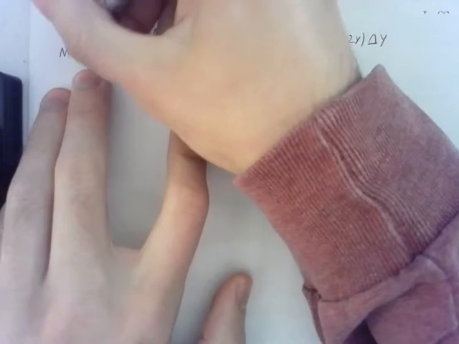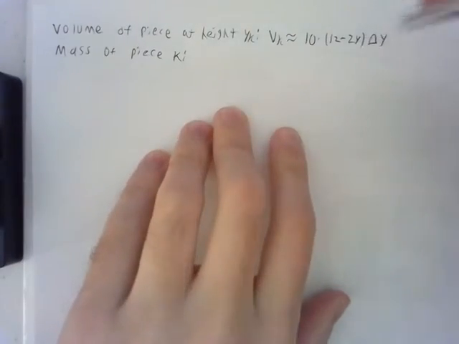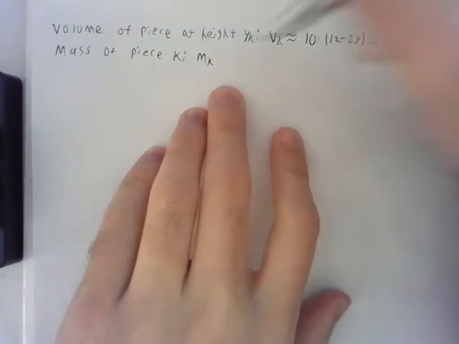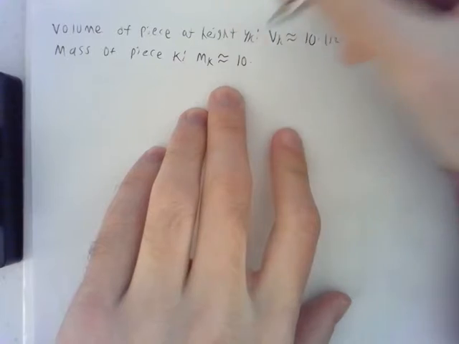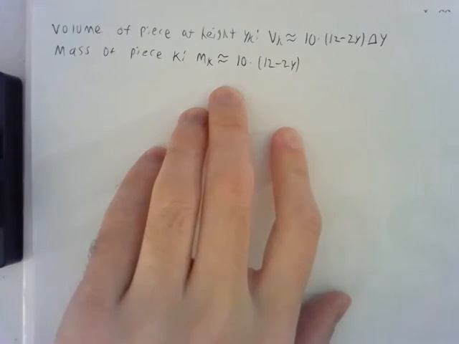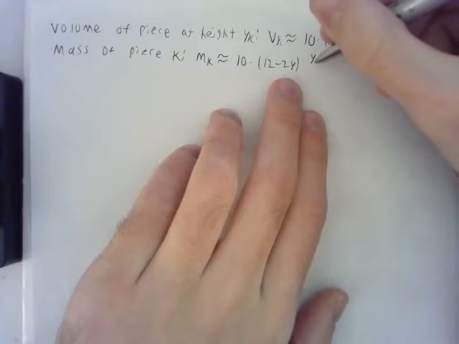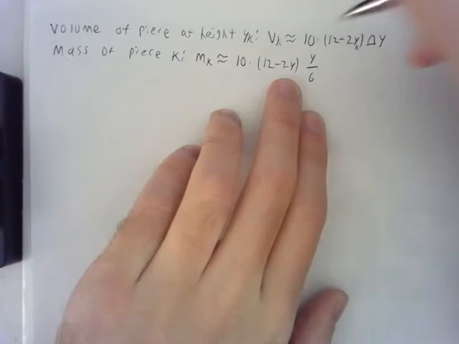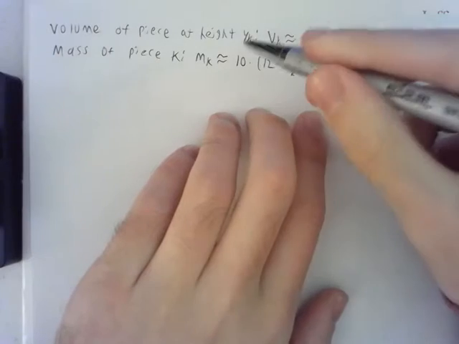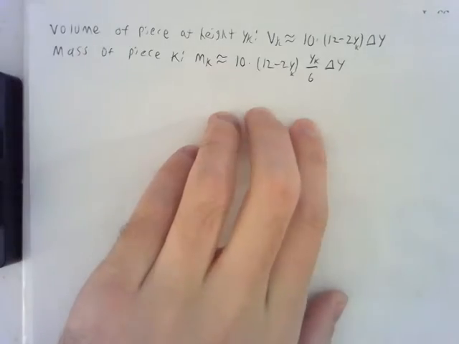So that means we can now find the mass of piece k. That's going to be mk, approximately equal to 10 times 12 minus 2y times the density on that slice, which is going to be y over 6, and I've been forgetting this should be yk since we're at height yk. Then we still have to multiply by our delta y.